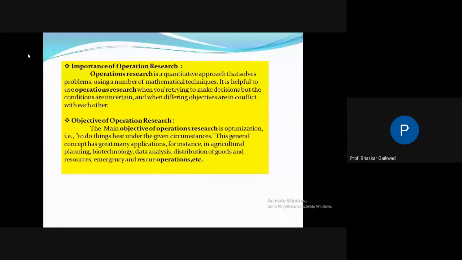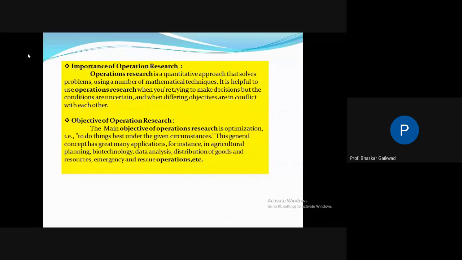And when differing objectives are in conflict with each other, there are many problems. The difference in objectives also has to be considered. For example, three machines are manufacturing the same product, but there is uncertainty in the manufacturing.